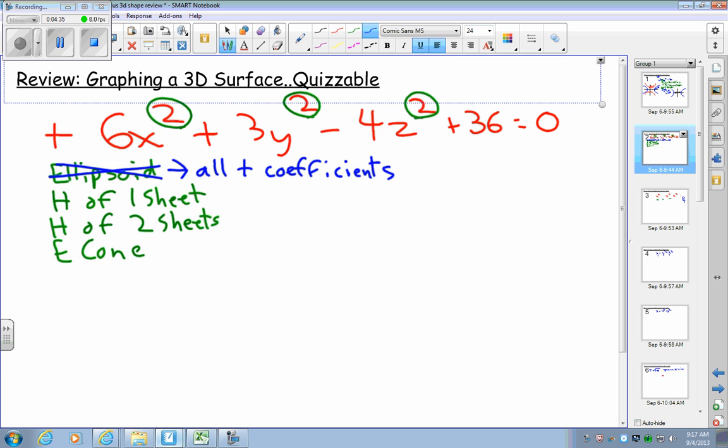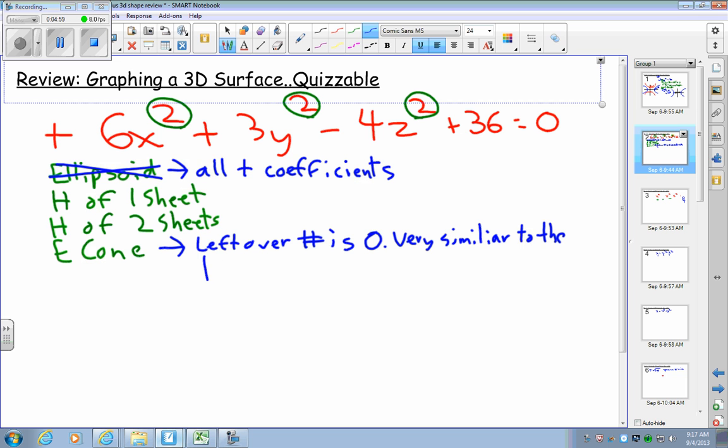The elliptical cone, the remaining number, so the leftover number is 0. Remember, the elliptical cone is very similar to the one-sheeter, okay?